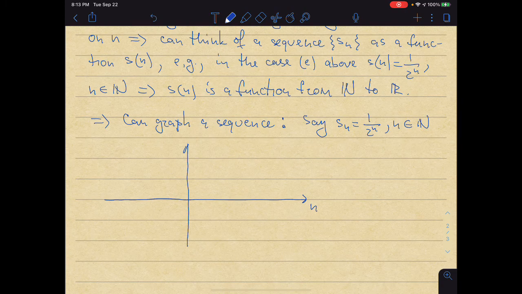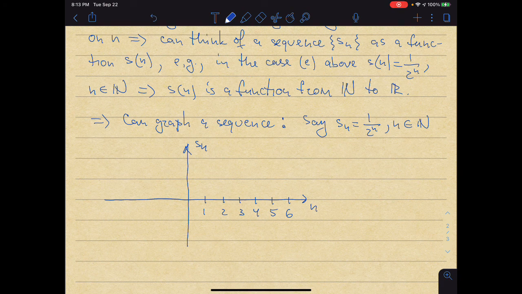So then on a real axis, I'm actually not looking at the entire real axis. I'm just looking at all natural numbers. And I'm going to sketch or plot all points that correspond to values of S above each n.